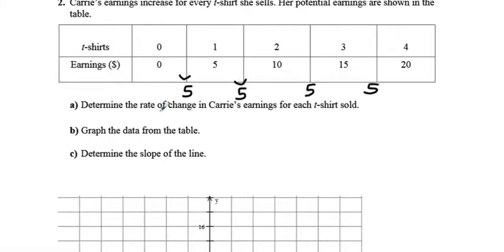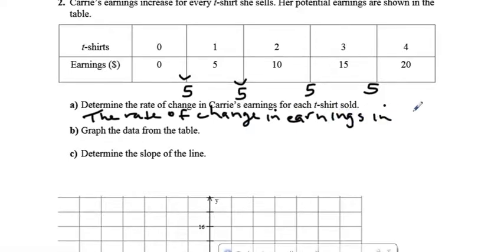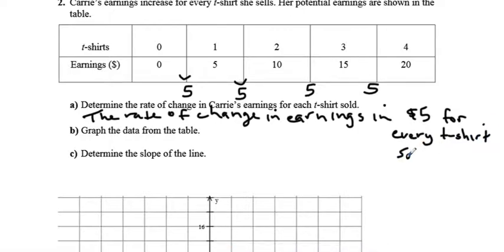And we can see then that the rate of change is $5 for every t-shirt sold. So for every one t-shirt that she sells, she gets an additional $5.